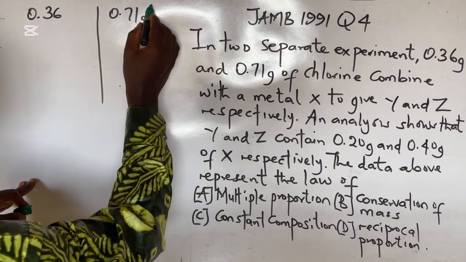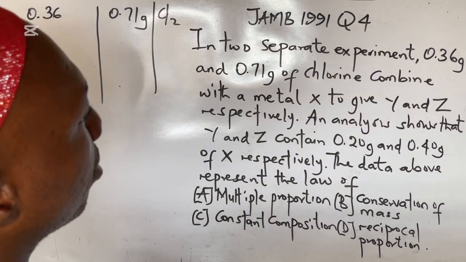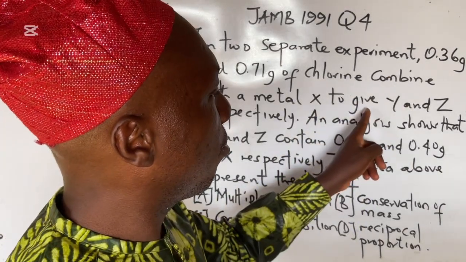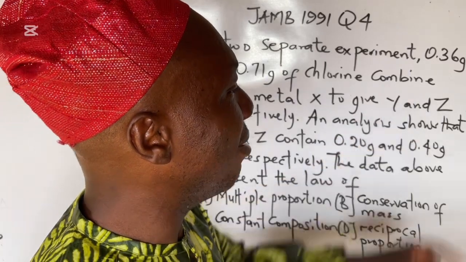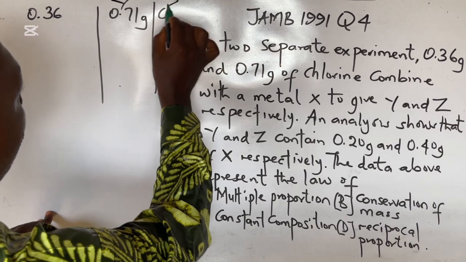This is all for chlorine. We are told that they combine with a metal X to give Y and Z. Let's call this one Y, and this one Z.